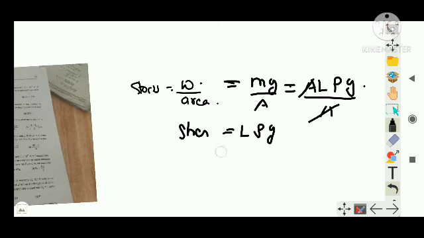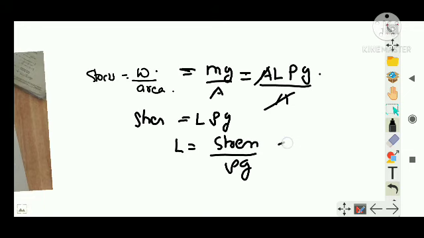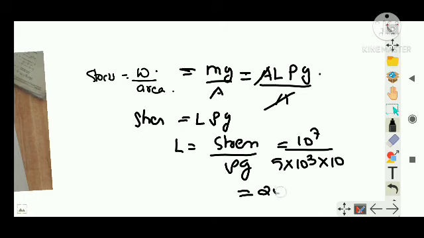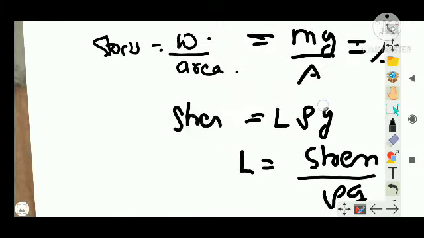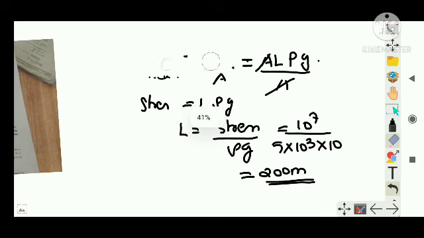From here, can't I write L is equal to stress by rho g? You are given the breaking stress as 10 to the power 7, density 5 into 10 to the power 3, and g obviously is 10. After calculation you will get 200 meter. So this much is the length possible so that this material doesn't break by the stress of its own weight.